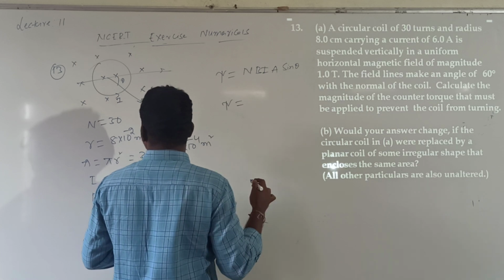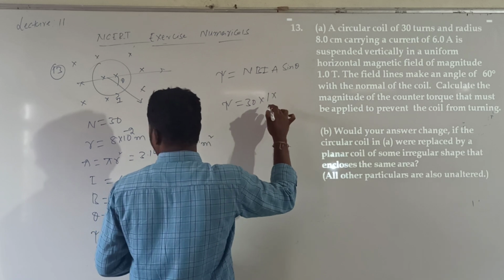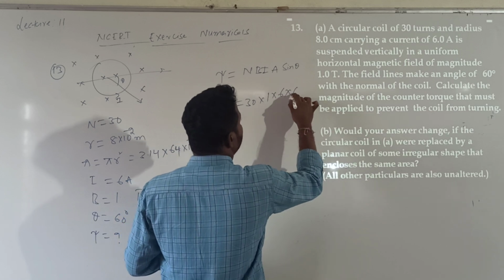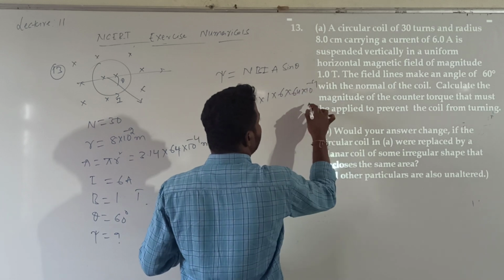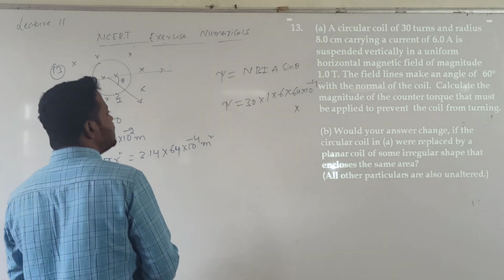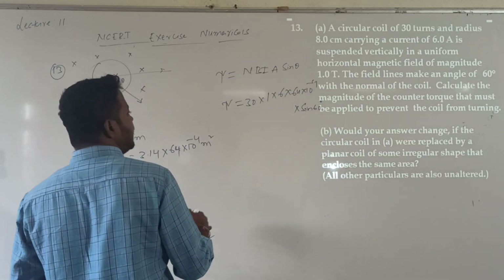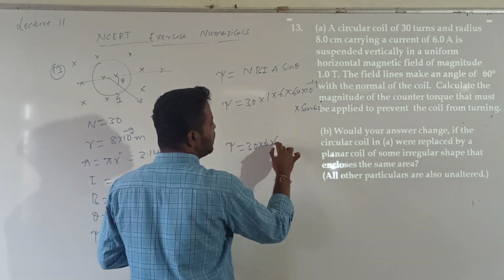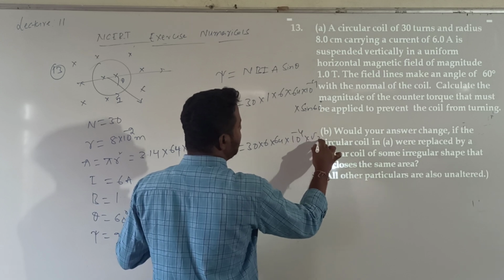So N value is 30, B value 1, I value 6, A value 64 into 10 power of minus 4, into sin 60 degrees. So tau is equal to 30 into 6 into 64 into 10 power of minus 4 into root 3 by 2.